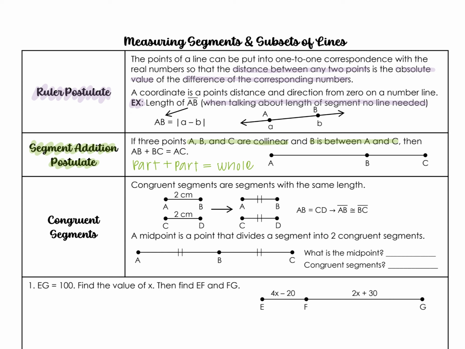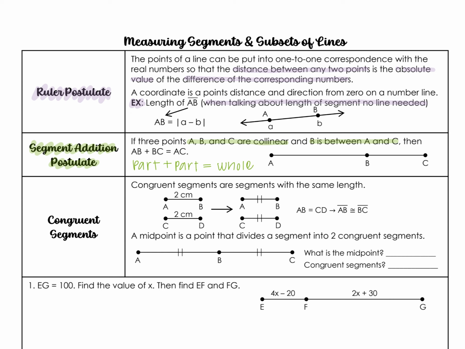Just for an example, and I'll erase it right after, if I was looking at AB being congruent to BC, instead of doing the 2 dashes, maybe I could just do the 1 dash, and that would be fine. The biggest thing is when you have multiple congruent segments in a diagram, you want to label the ones that are congruent with the same amount of dashes so that you can tell which ones go together.